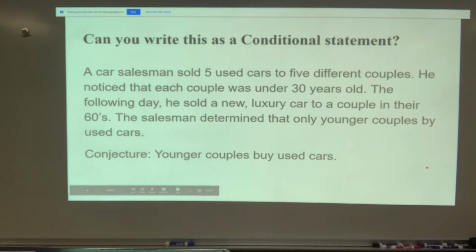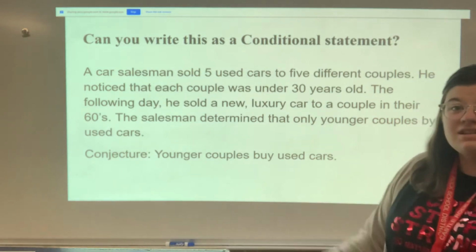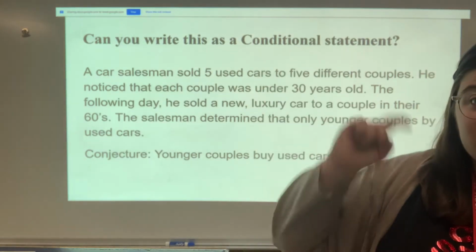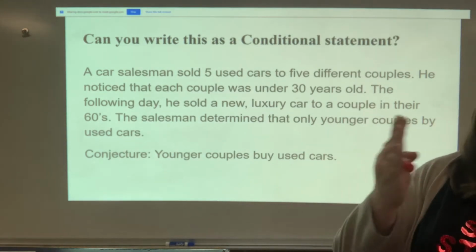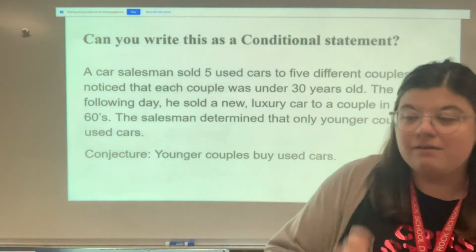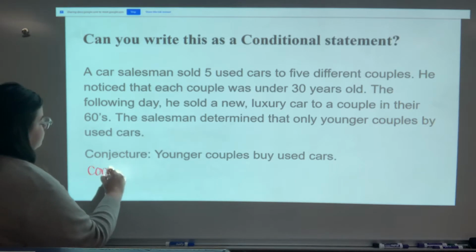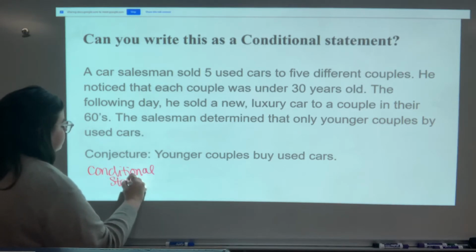All right, so we're back to this problem here where the little car salesman guy believes that he's only selling used cars to younger couples. This is our conjecture, something we believe to be true. Can we pull from this sentence a hypothesis and a conclusion and write it now as a conditional statement? So again, conditional statements are in the form if P, then Q. So I'm just going to write if and then. So here is my conditional statement.